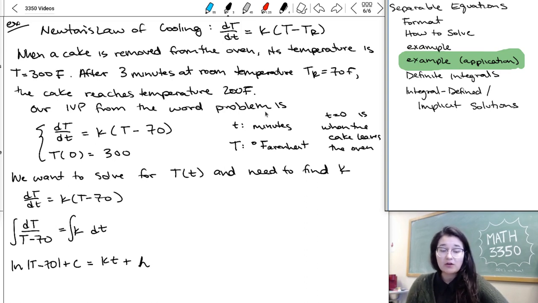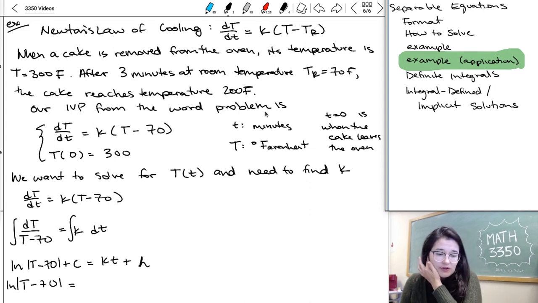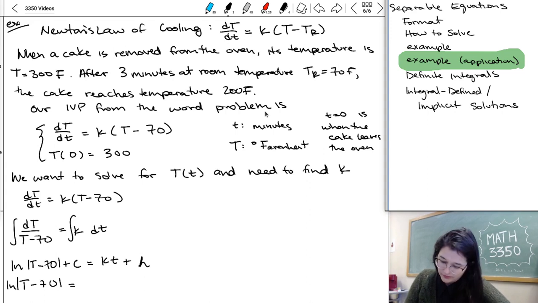It's going to help me to solve for big T because everything is in terms of temperature here. So I've got that natural log of T minus 70 would be equal to kt plus, I'm just going to use the C tilde for H minus C put together.